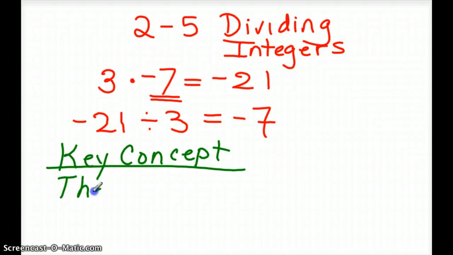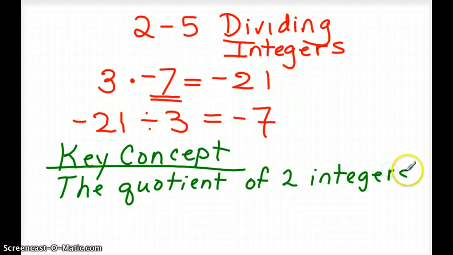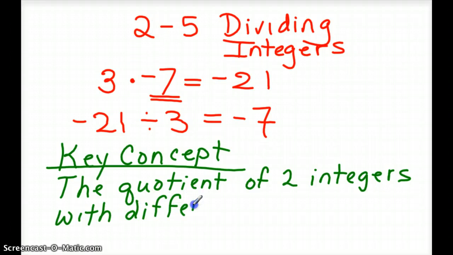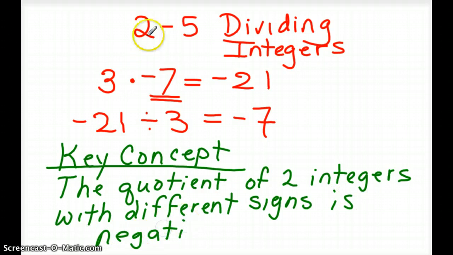The quotient of two integers with different signs is negative. Okay, so let's try some examples.